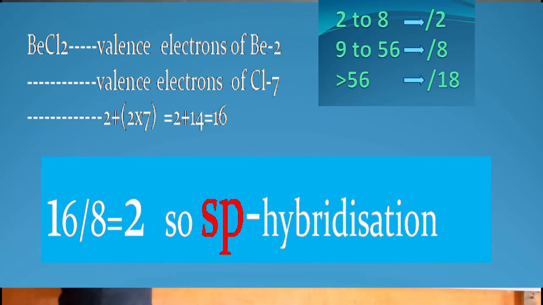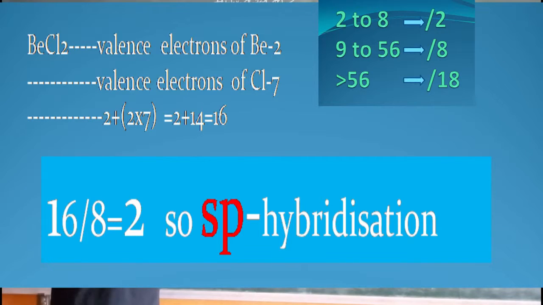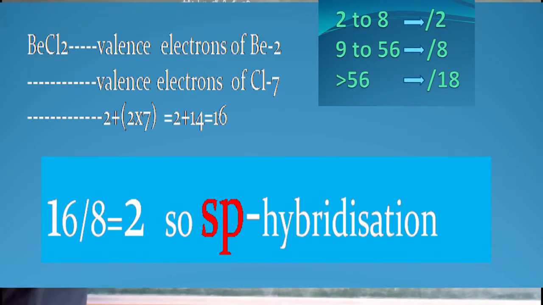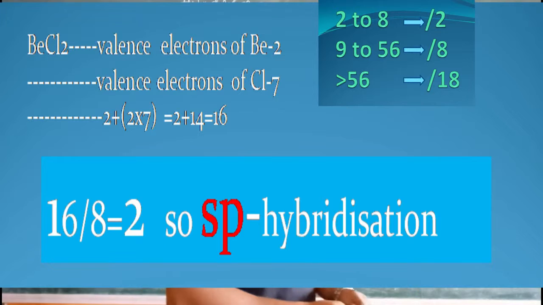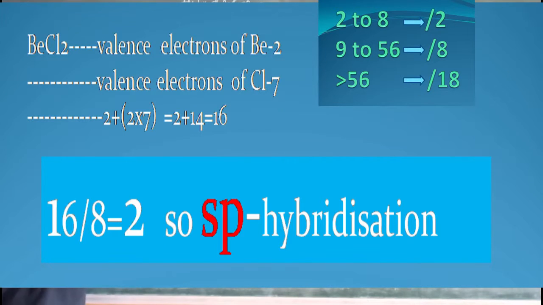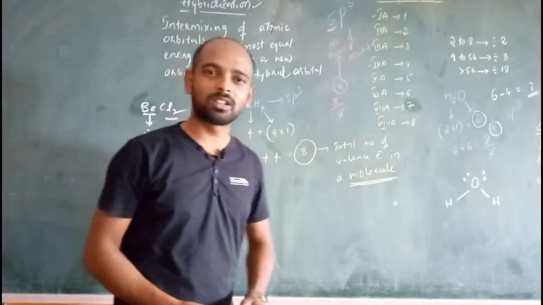Here we have 2 chlorines, each with 7 valence electrons, so 2 plus 2 into 7, it is 2 plus 14, the answer is 16. 16 comes to the second case, so divided by 8, we get 2, so beryllium chloride is sp hybridization. Here 2 represents 1s and 1p. This is a very simple shortcut. Will there be any lone pairs on beryllium chloride? On beryllium, no, because 2 minus 2 is 0. So we have 0 lone pairs on beryllium chloride.